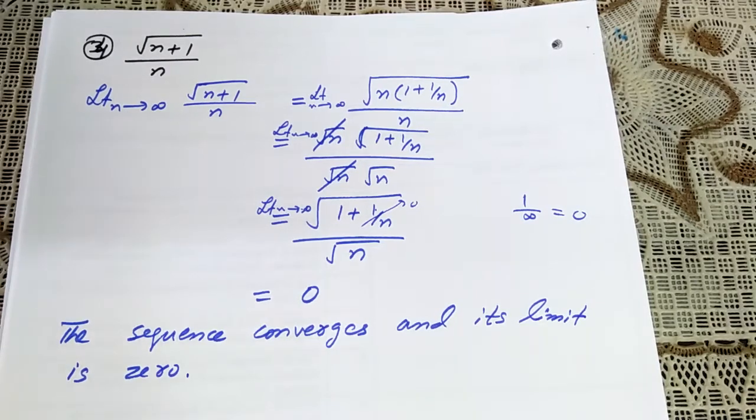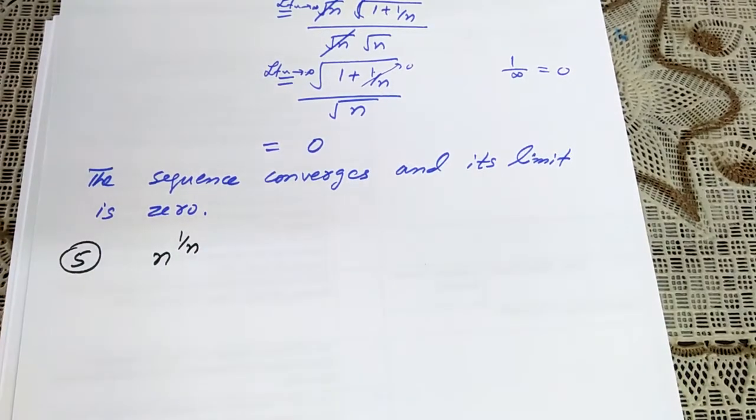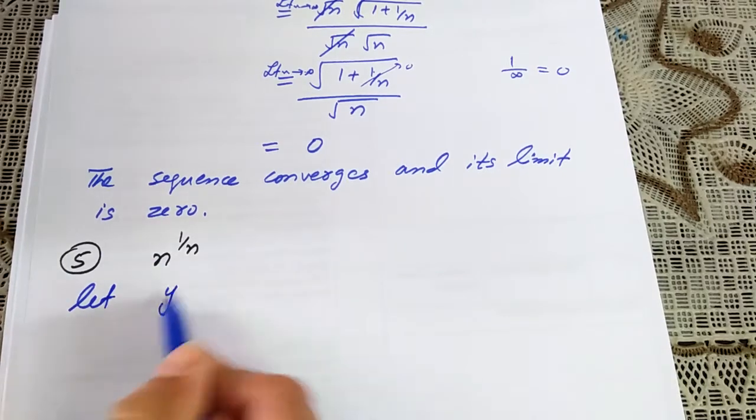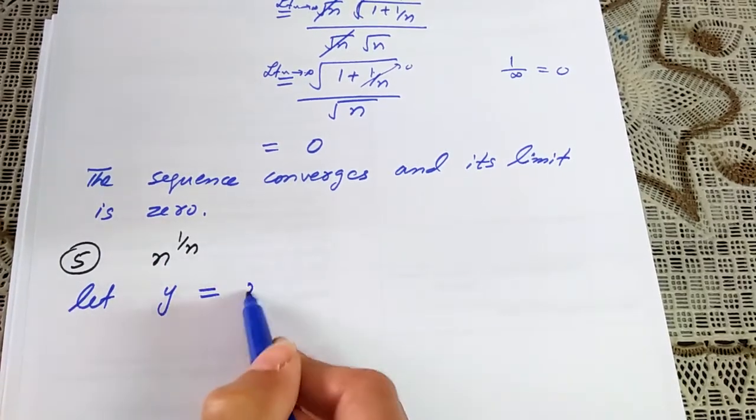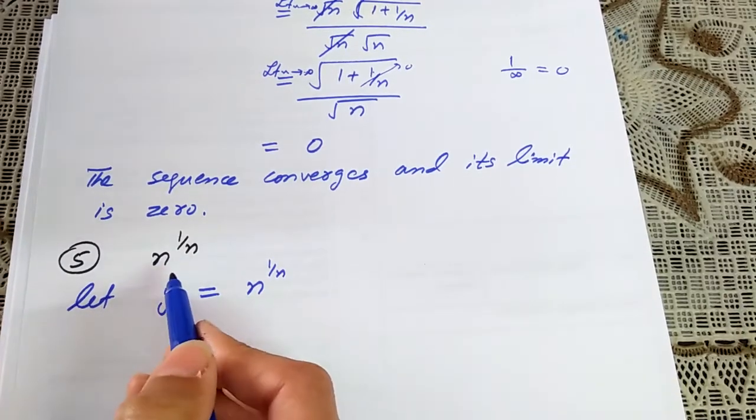Question number 5. In question number 5, you have n raised to power 1 over n. Let n raised to power 1 over n equal y, because we cannot directly put the limit in; it will be difficult for us to solve.